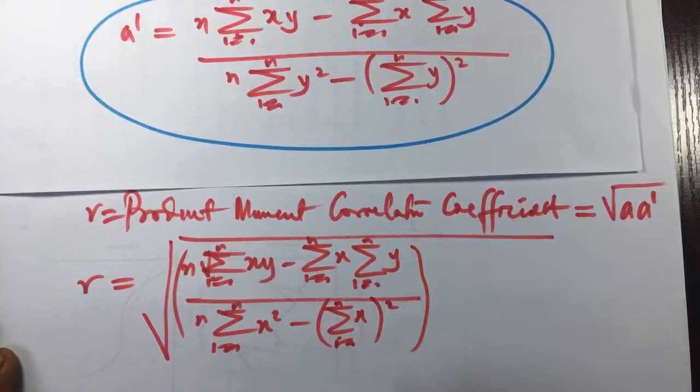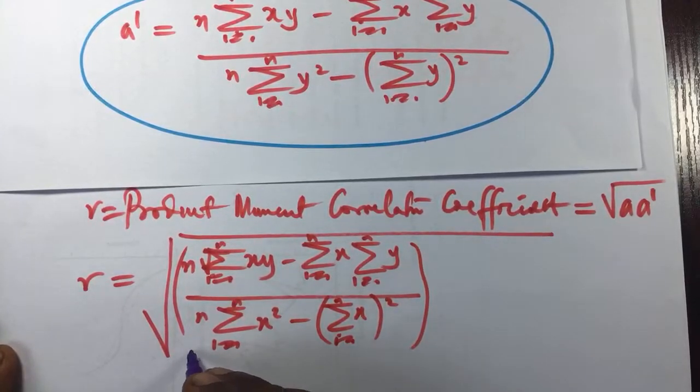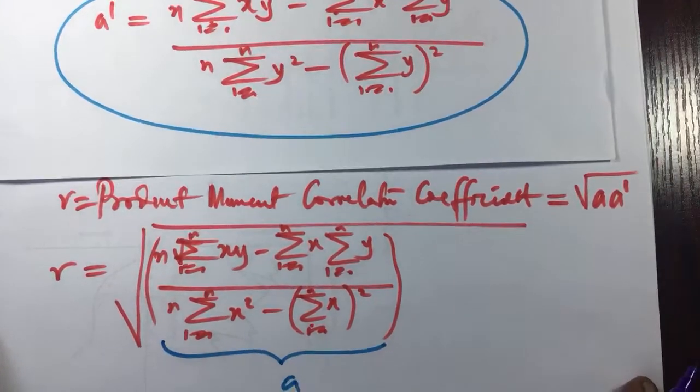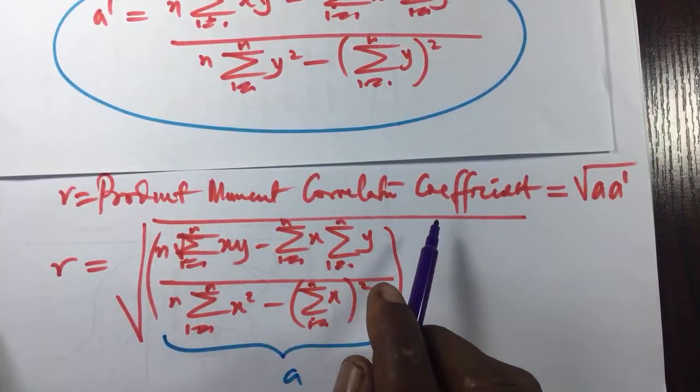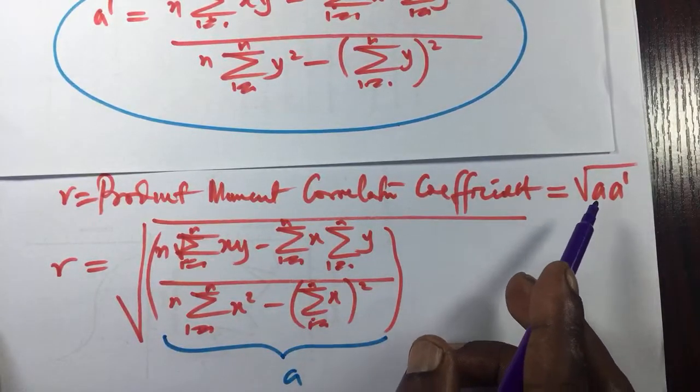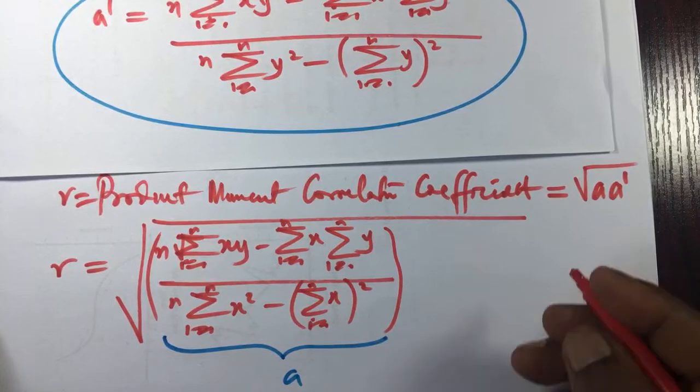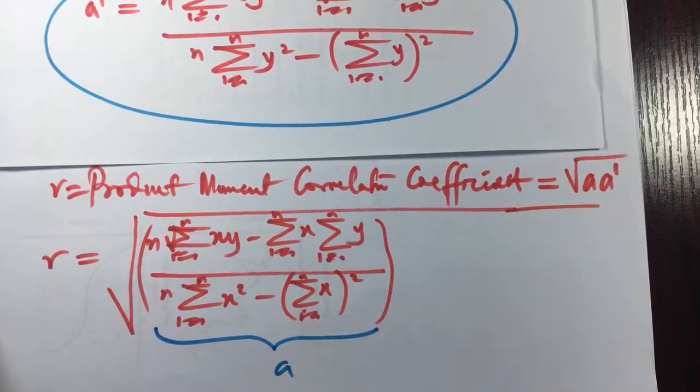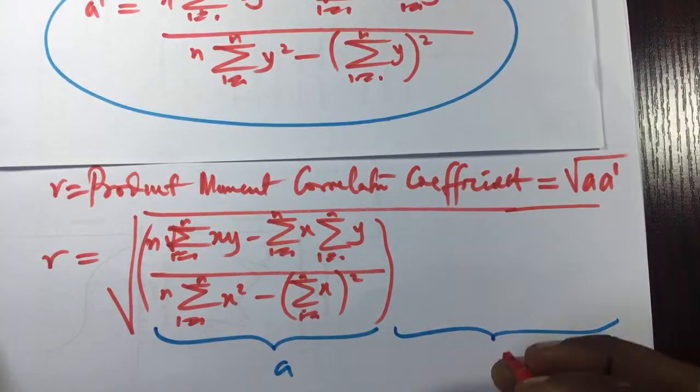So I'm going to put this in bracket. Everything here is A. Remember, product moment correlation coefficient is obtained by taking the square root of A times A prime. So now this is for A. I'm now going to put in the expression for A prime. So what is A prime?